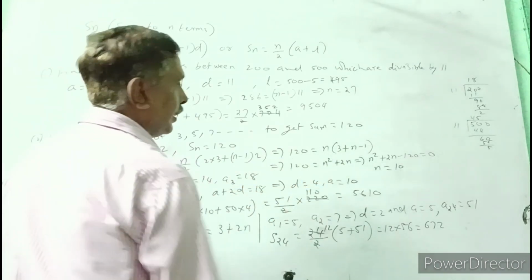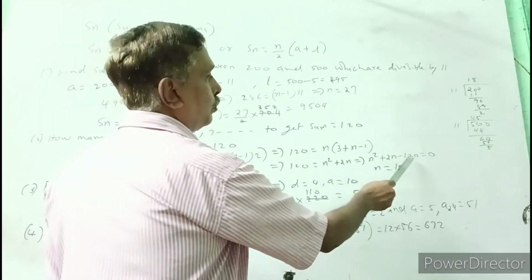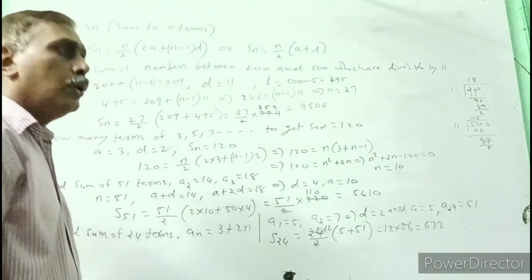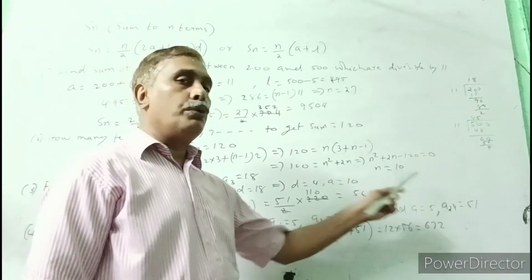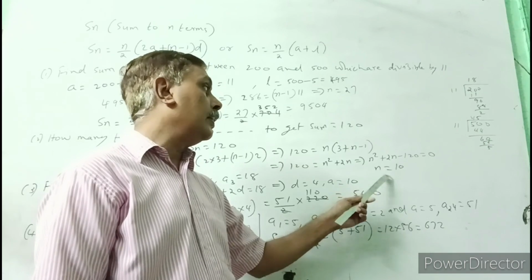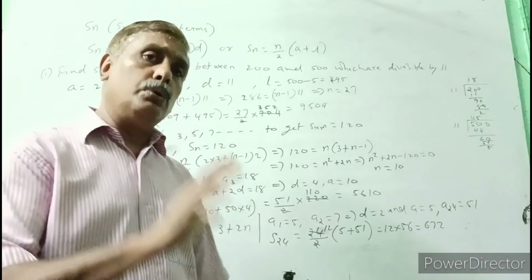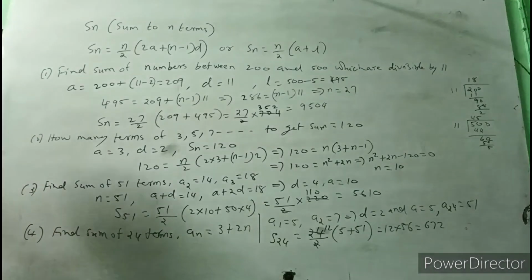Simplifying, you will get a quadratic equation: n square plus 2n minus 120 equal to 0. In the quadratic chapter we study how to solve. You may use any one of the methods, factorization or formula method. You will get n equal to 10. I directly solved it, you do it by yourself. So we get n equal to 10.